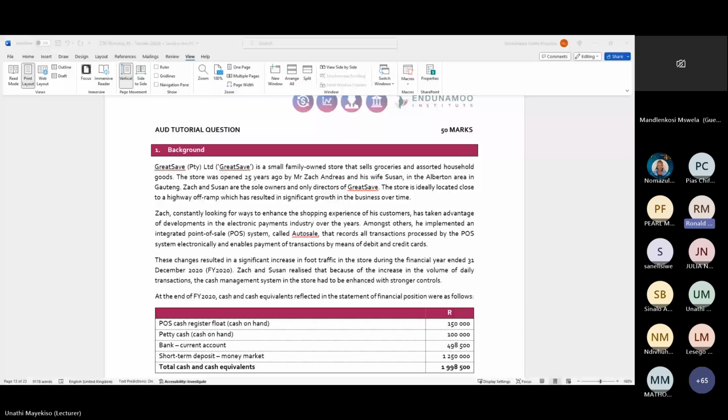Okay, I'm one of the people who attempted the question, and I think my struggle is just putting my answers down. I somehow take time to think what is the right way of structuring my answer. For instance, question A, where it speaks about the risk of material misstatement at an assertion level.